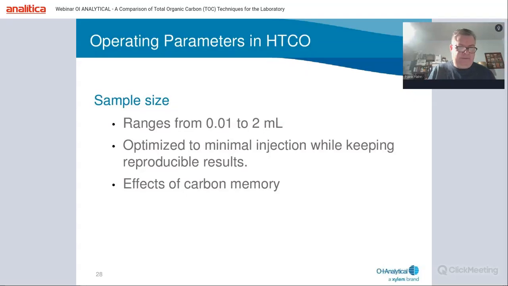Although there is opportunity for larger sample injection, there's a preference for a smaller sample injection size. Again, the impact on the catalyst, the particulates, and carbon memory should be taken under consideration.